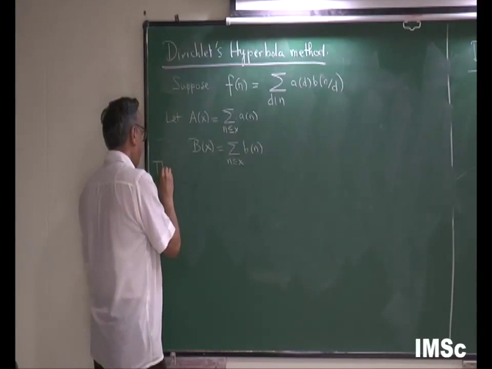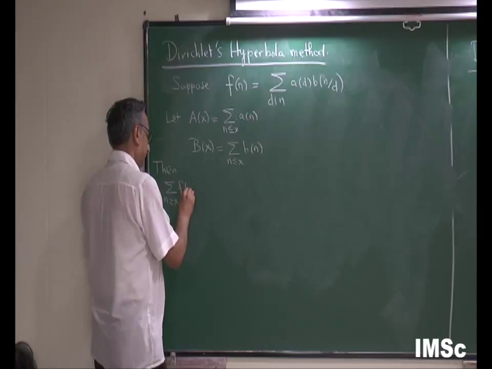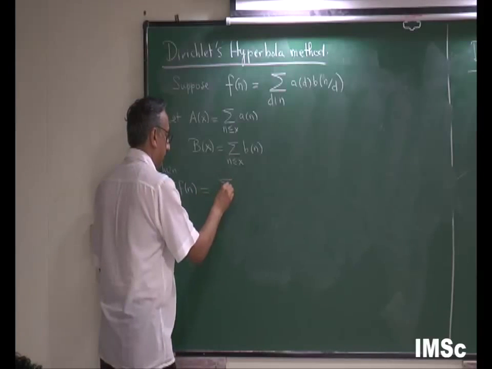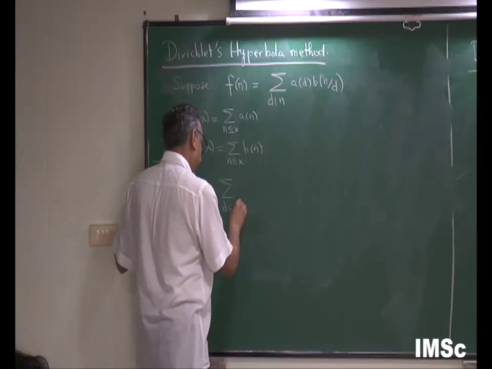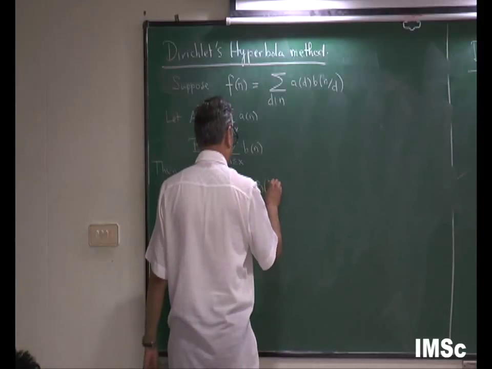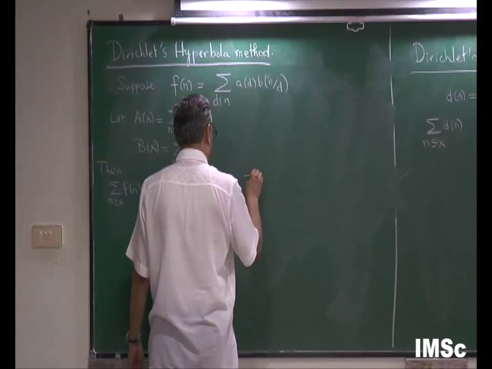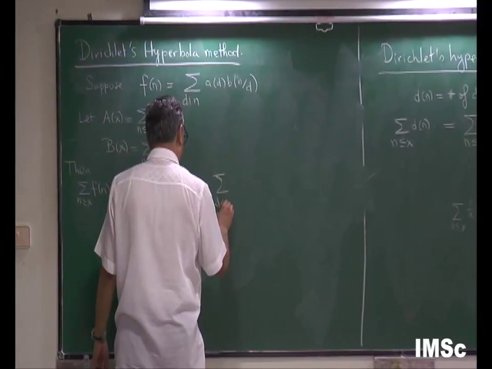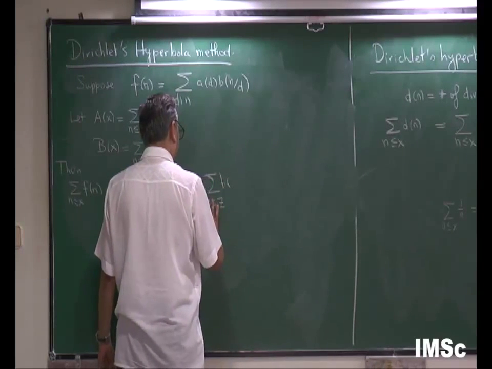Then the summation over n less than x of f of n is equal to the summation over d less than y of a of d times b of x over d, plus the summation over d less than or equal to z of b of d, if you don't mind, I'll just put e here.